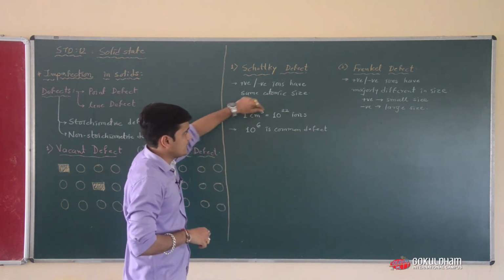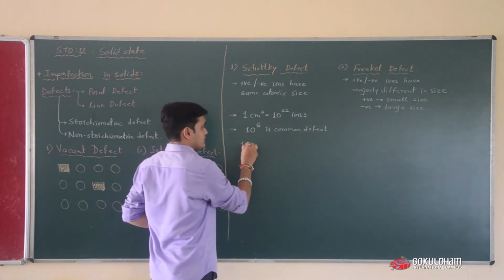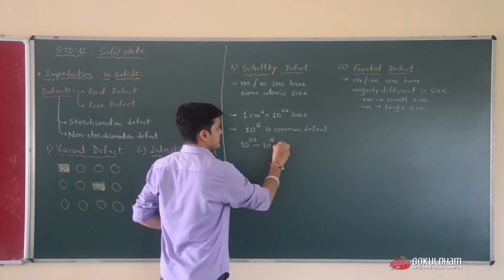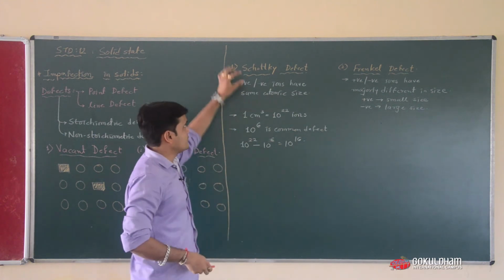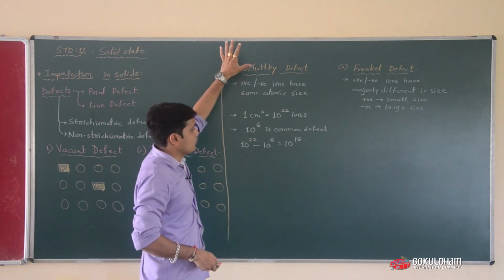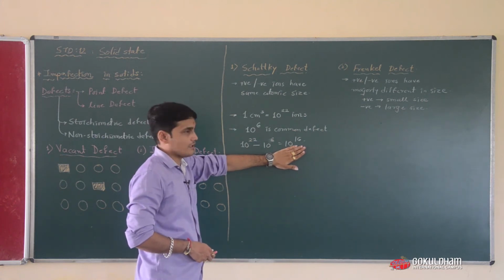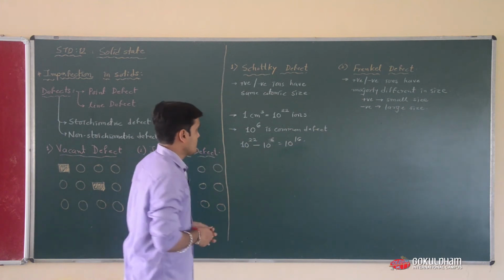So you will say that 10 raised to 22 minus 10 raised to 6 is equal to 10 raised to 16. One Schottky defect will show after 10 raised to 16 molecules or atoms. This is a very large number.